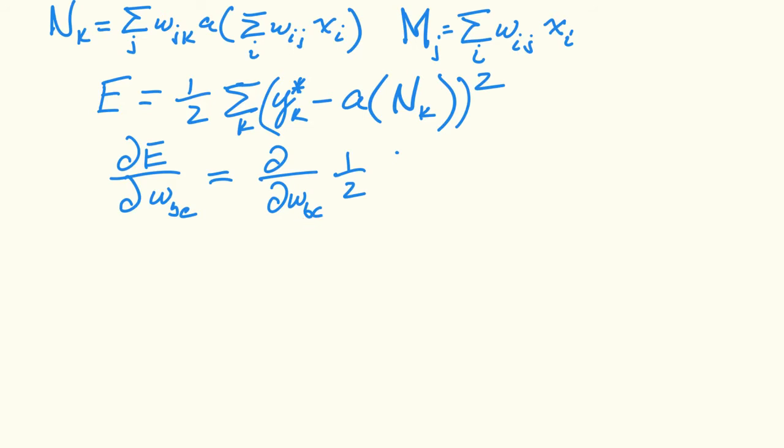So only one of the K output weights is actually connected to WBC. So we can eliminate all of the other terms in the sum, because they don't contain weight WBC. So that means we can just make this 1/2 y star c, just that one.